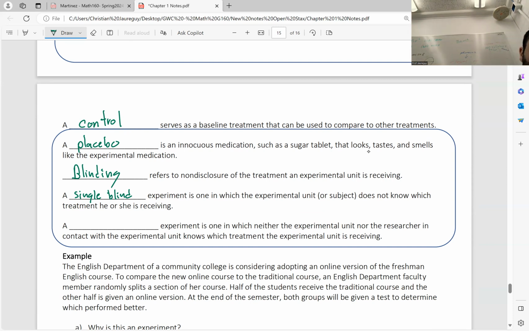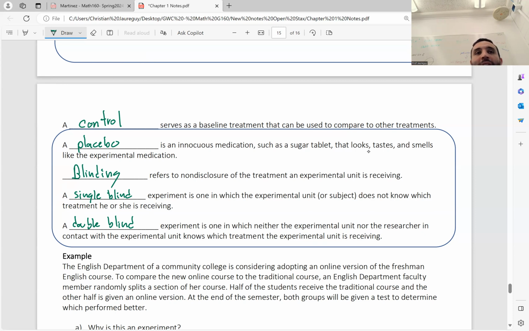And then a double blind experiment is one in which neither the experimental unit nor the researcher in contact with the experimental unit knows who's receiving what. Because researchers can be biased. And if they're biased or if they have some sort of investing interest in the drug, they might skew results a little bit, whether they mean to or not.